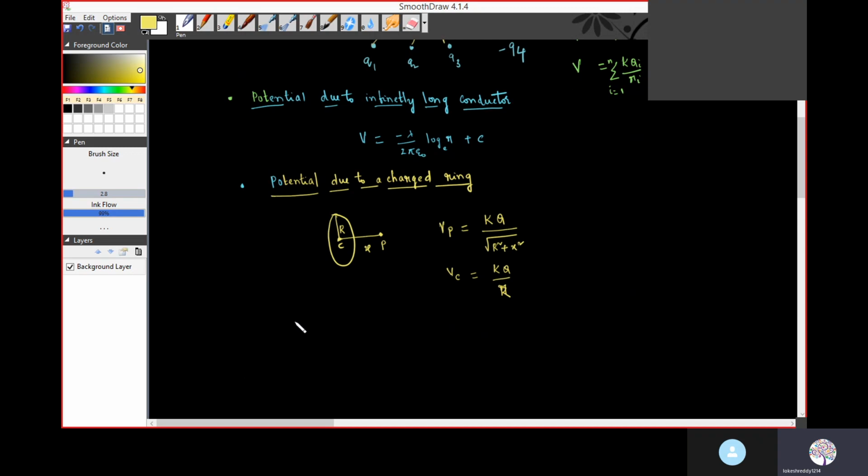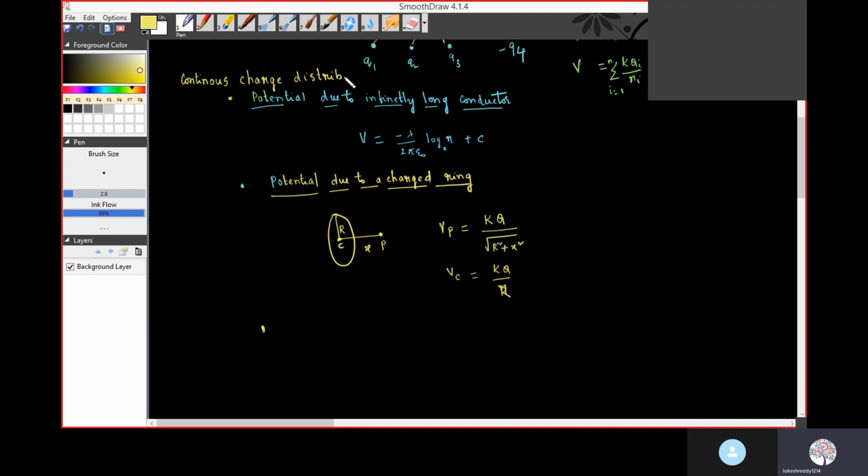Now, potential due to a conducting sphere. So we did it for an infinitely long charged conductor. From here it starts for continuous charge distribution.